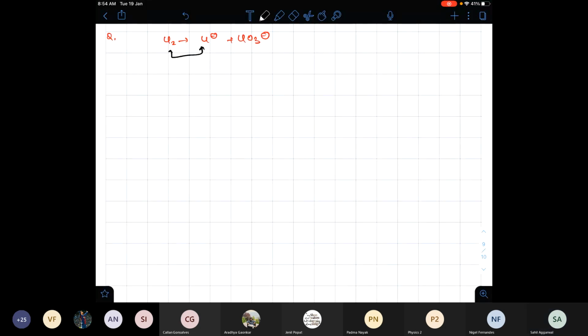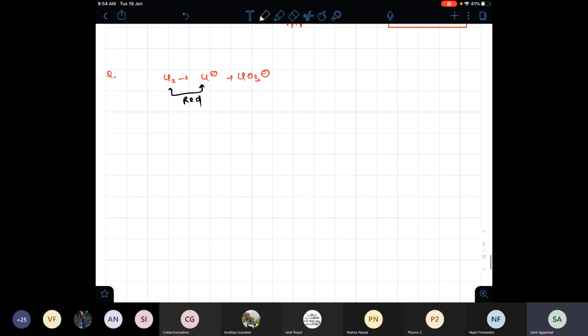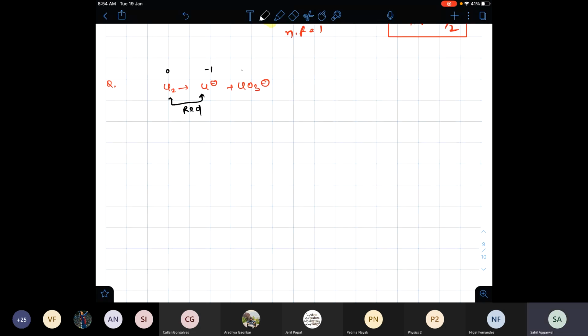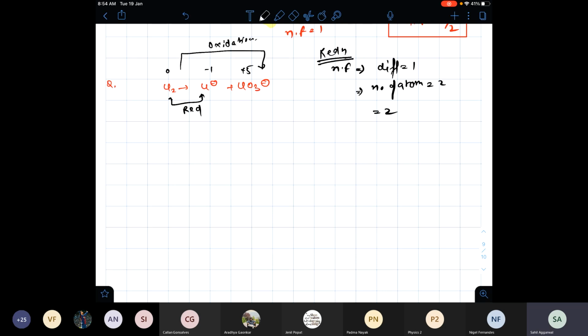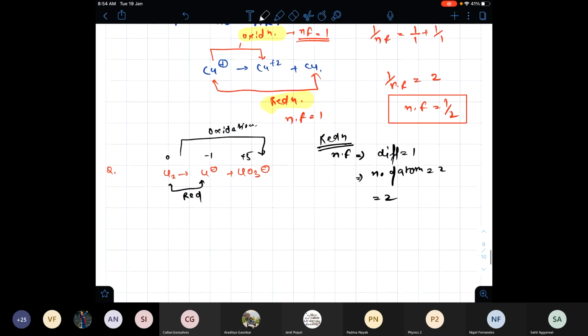This is reduction. This is oxidation. N factor is difference times number of atoms, so it is 2 for reduction. Any doubt in this? For reduction, N factor is 2.